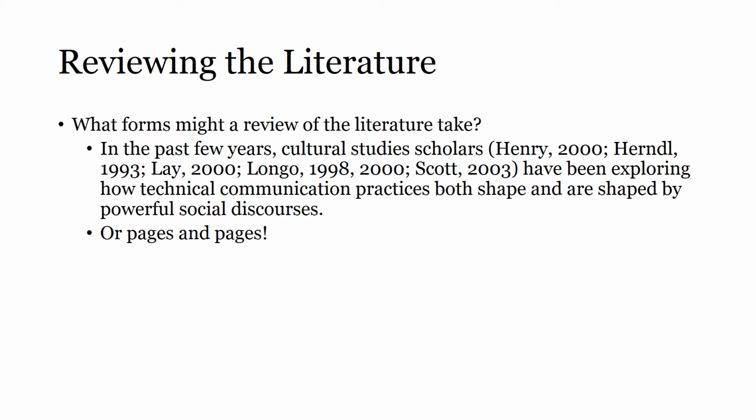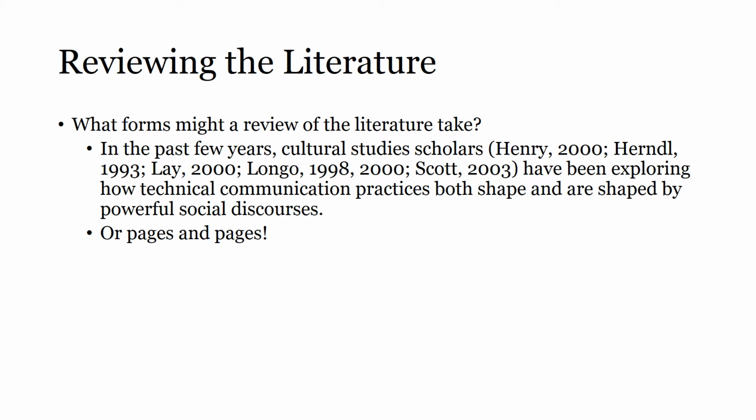On the other hand, for a thesis or a doctoral dissertation, you would write quite a bit to indicate the extent to which you're situating your topic among the literature that's been written about it.